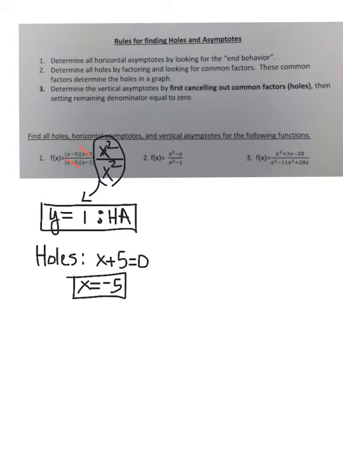The rest of the explanation says, then set remaining denominator equal to 0. So the only thing I have left in that denominator is that x minus 1. So then if I want to get my vertical asymptote, I take that x minus 1, I set it equal to 0, and I solve. So this is my vertical asymptote.